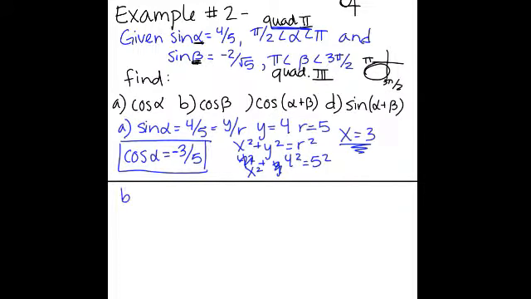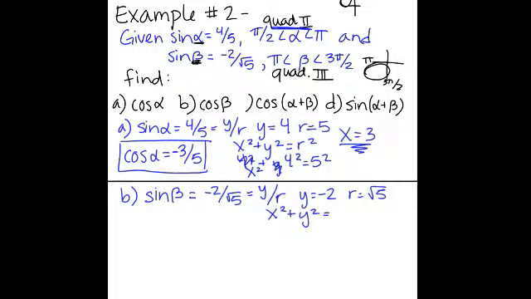So B, I want to find the cosine of beta. Okay, so I know the sine of the different angle beta is negative 2 over rad 5. This one's not a perfect triangle, so I know that my y is negative 2 and my r is rad 5. So I am going to use x squared plus y squared equals r squared. I don't know my x, but I know this will be negative 2 squared and this will be rad 5 squared.